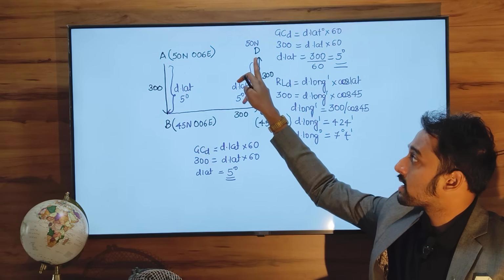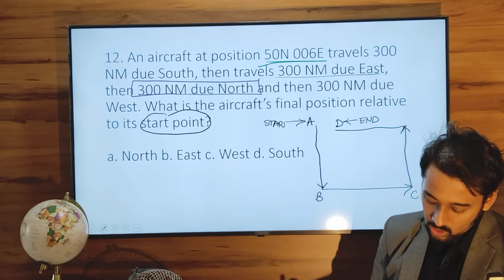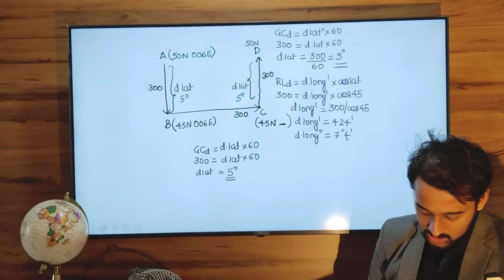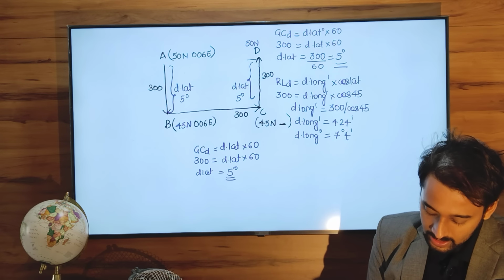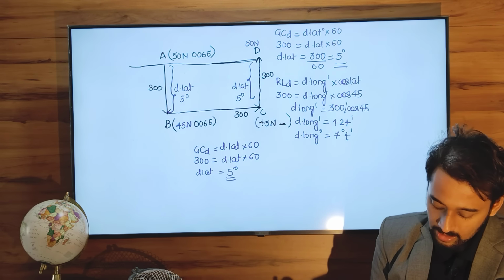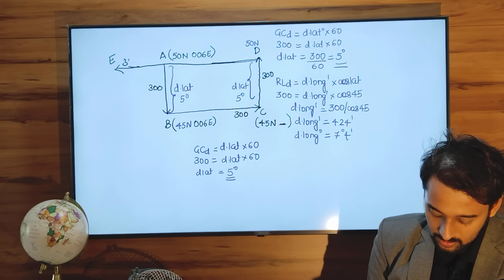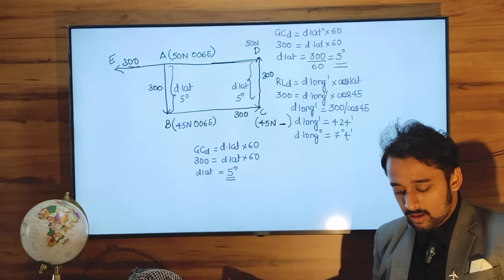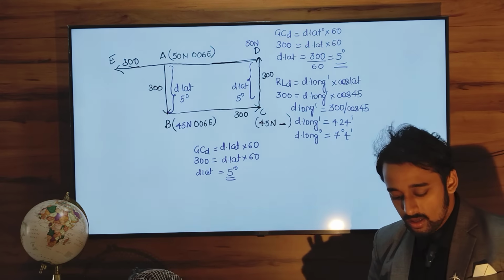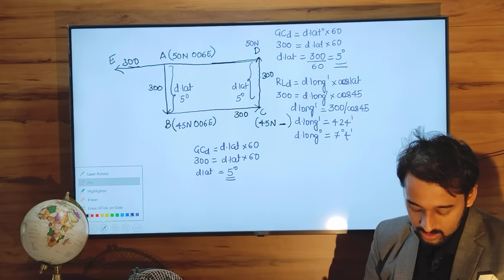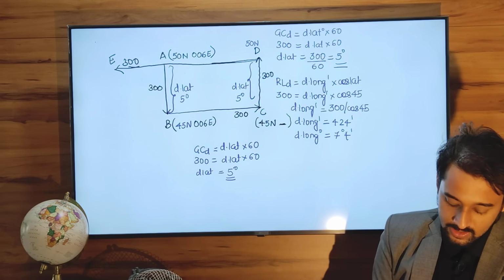Now, if this is 50 degrees north, the next route is that we again take 300 nautical miles in the westerly direction. So the latitude of the final position, that is E, will be the same, 50 north.